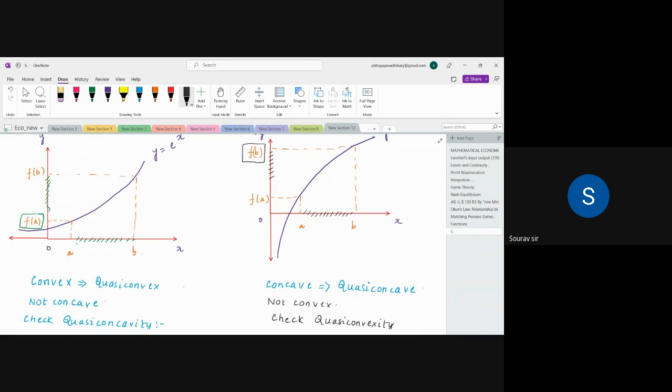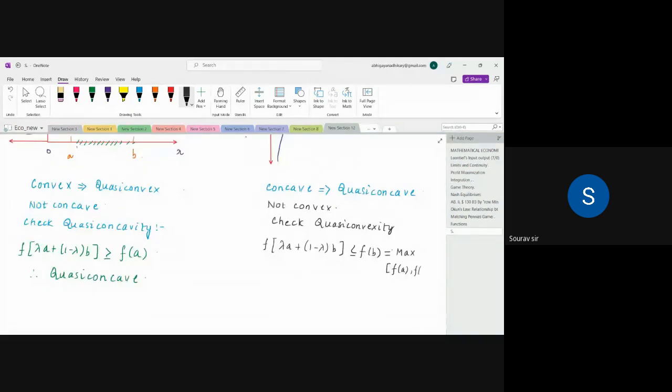Therefore, the function of lambda a plus 1 minus lambda b is less than or equal to function of b, which is nothing but the maximum of these two. I think we should mention it. And over here, this is equal to the minimum of f of a, f of b. Okay. Therefore, quasi-convex.